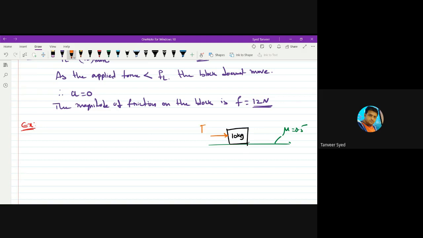External force applied is 150 Newton. Find acceleration of, find friction on the block.